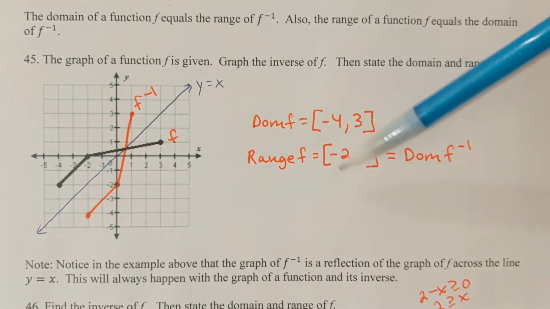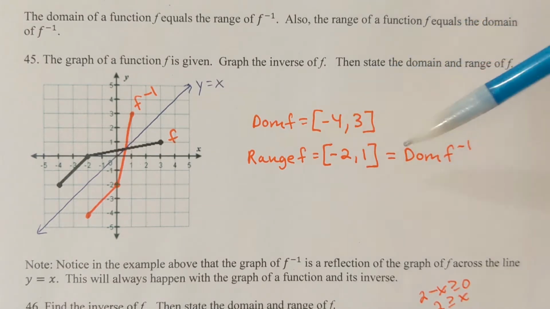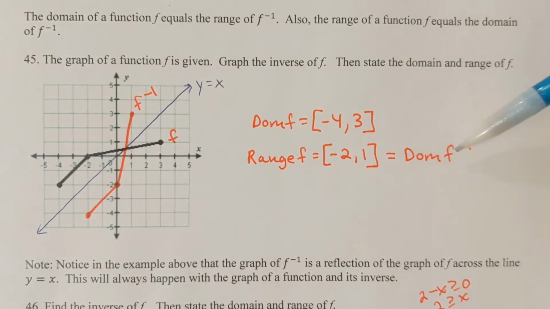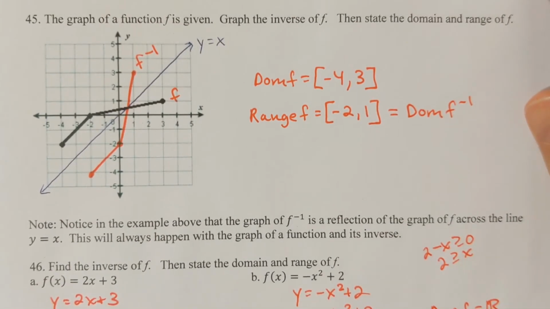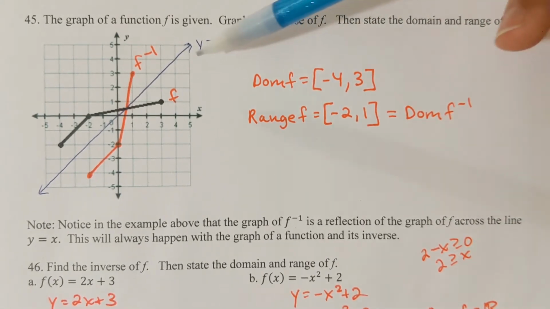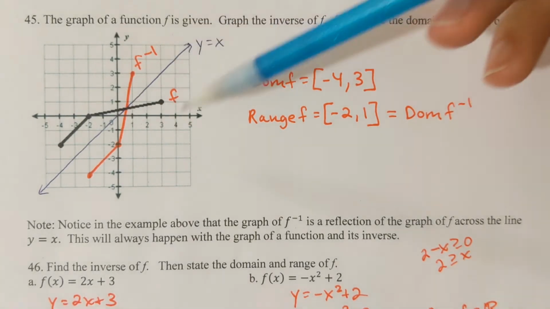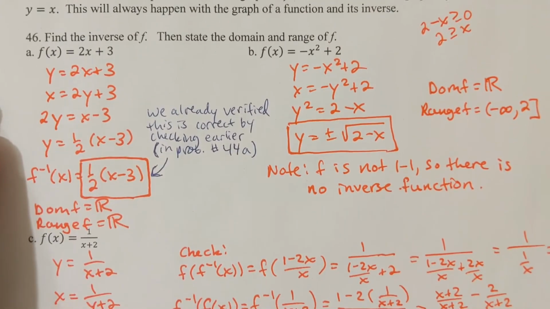But that's the same interval that I've already got written here, right? The range of a function is the same as the domain of the inverse. By the way, we'll need to just make a mental note of that. When we get into the topic of logarithms in the next chapter, I'm going to be talking about this problem again, actually. All right, let's take a look at problem 46.